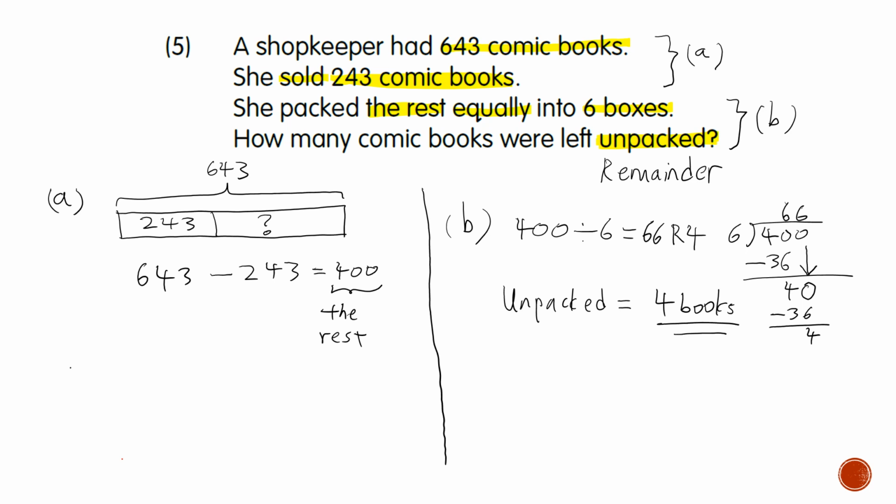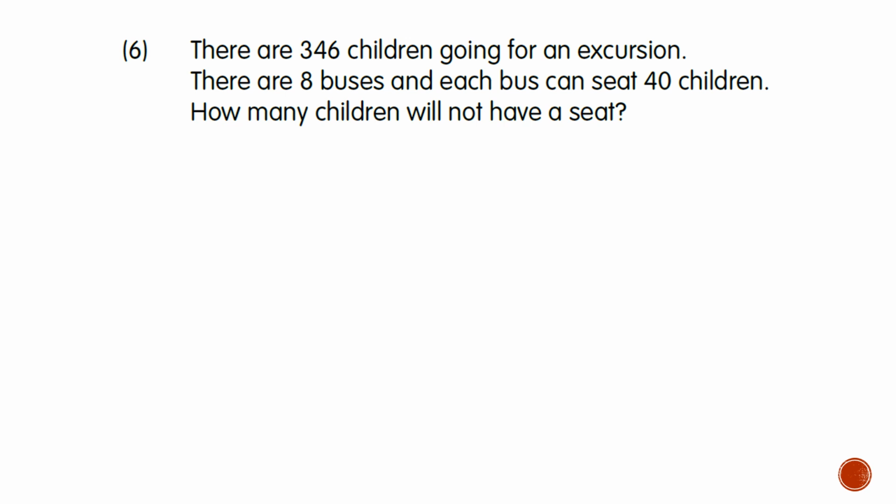Let's move on. Question 6. This is the final question that was given to you yesterday. Again, POLIA first step, understand the question. There are 346 children going for an excursion. There are 8 buses, and each bus can seat 40 children.